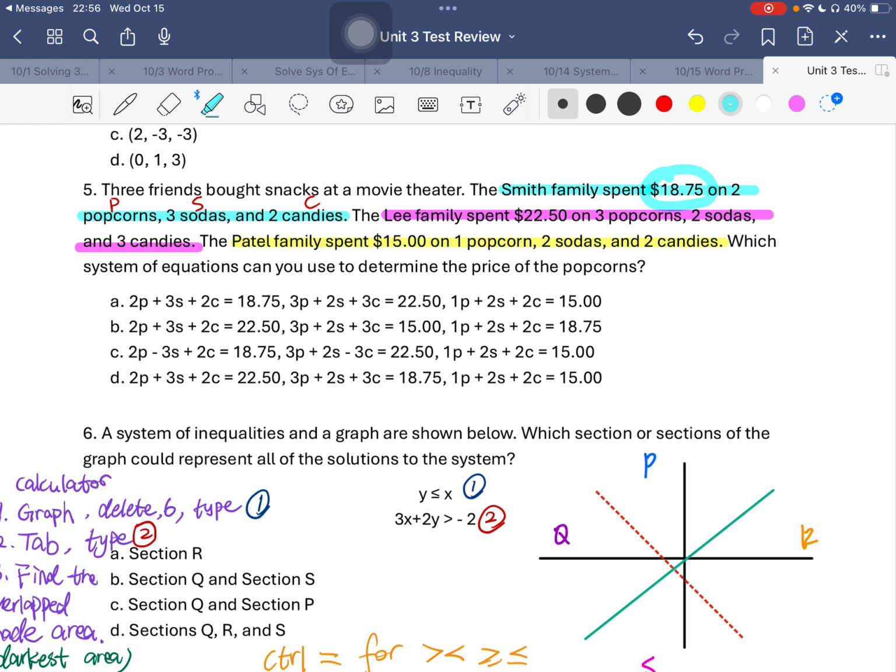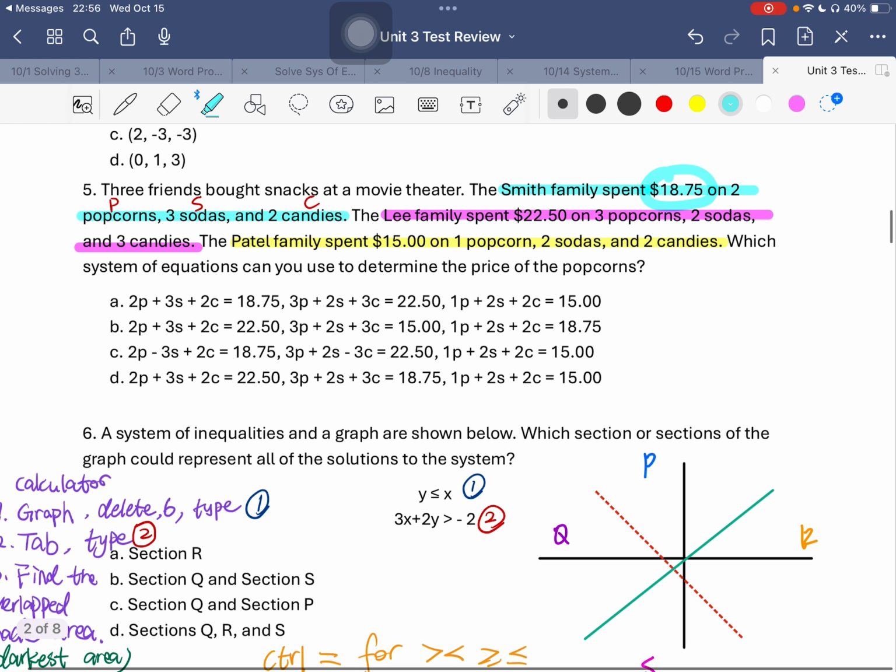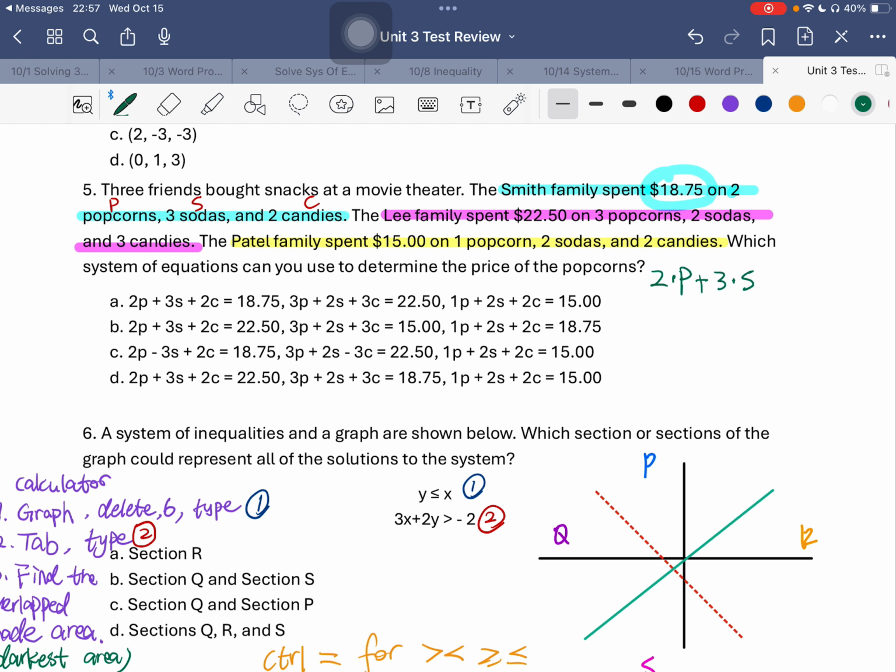18.75 is my total cost for Smith family, and Smith family bought 2 popcorns, 3 soda, and 2 candies. So I just write down the way I read it. So it'll be 2 times popcorn plus 3 soda plus 2 times candies equal to the total cost 18.75.